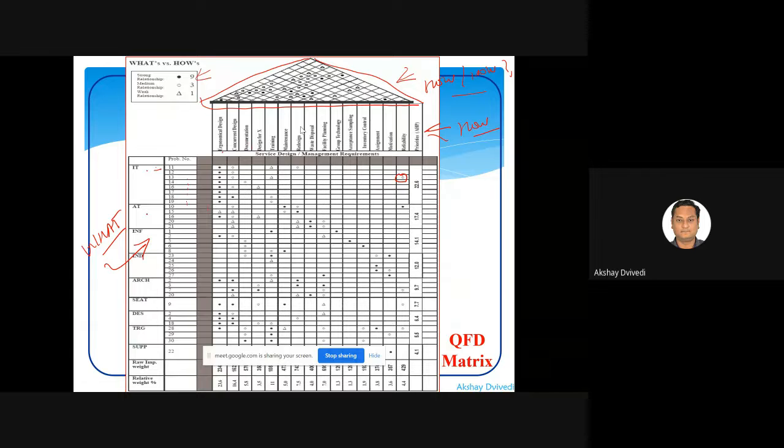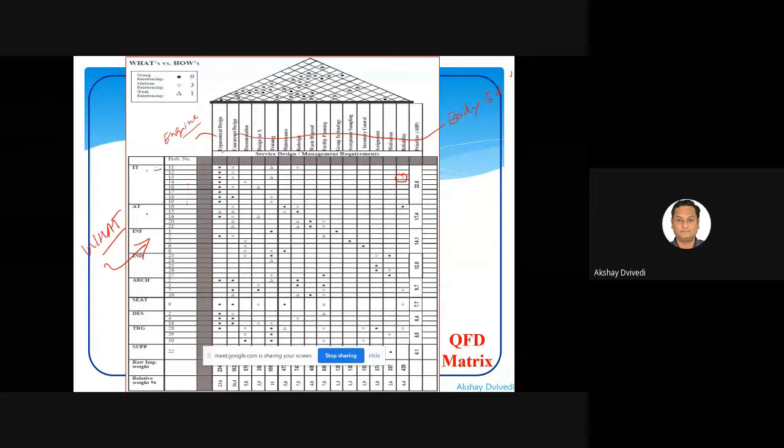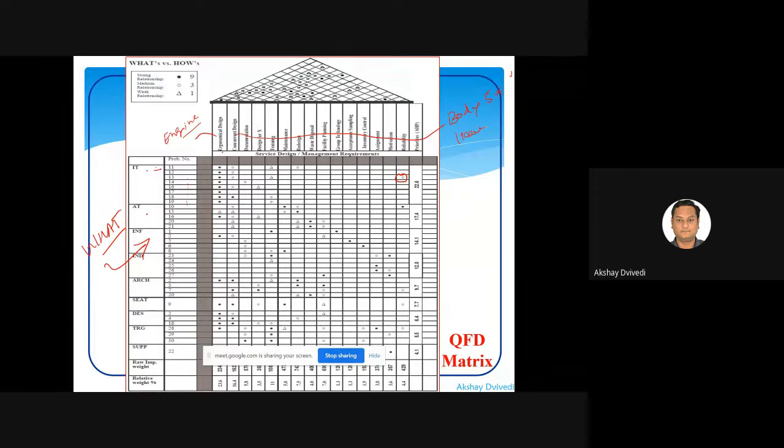Now, for those kinds of scenarios, we need to realize that whenever we talk with respect to technical descriptors, one technical descriptor is the engine, which is going to provide better mileage. Another technical descriptor is the body, which is supposed to have a 5-star rating in terms of overall safety, and it has to be a heavy kind of build.